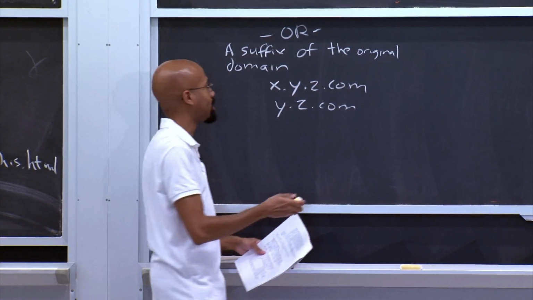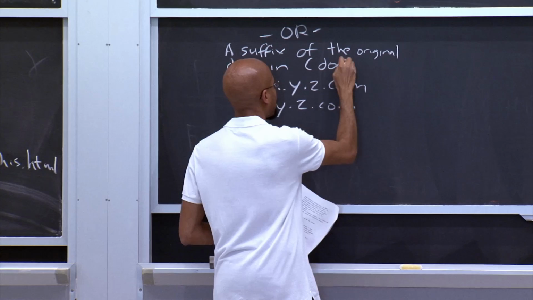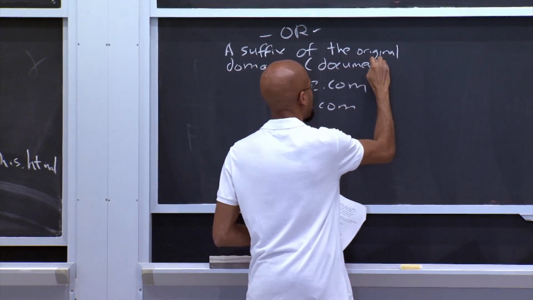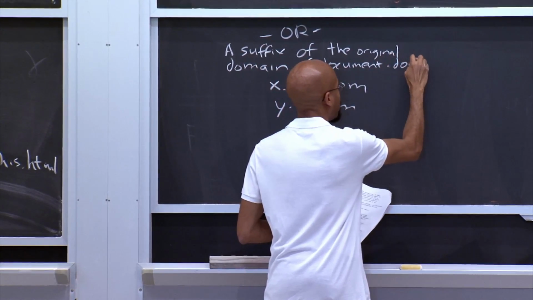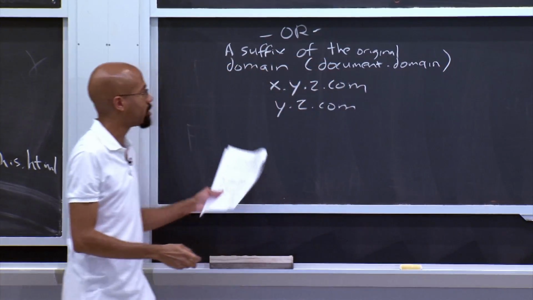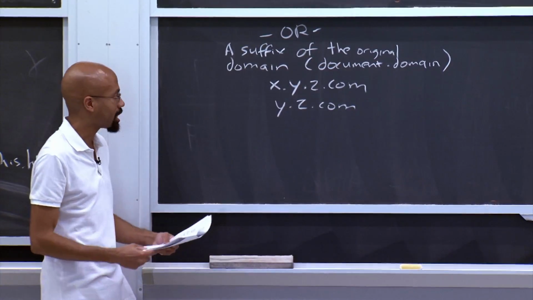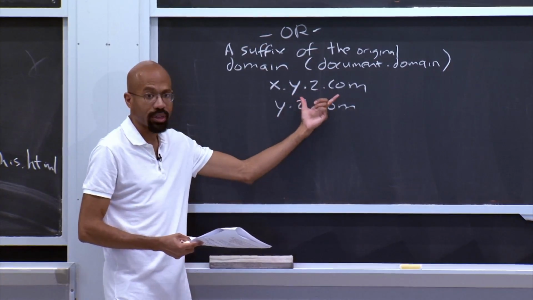The way that it indicates this is by doing an assignment to the special document.domain value that's accessible via JavaScript. So we can set document.domain explicitly to this right here, and that's allowable because this is a suffix of that.